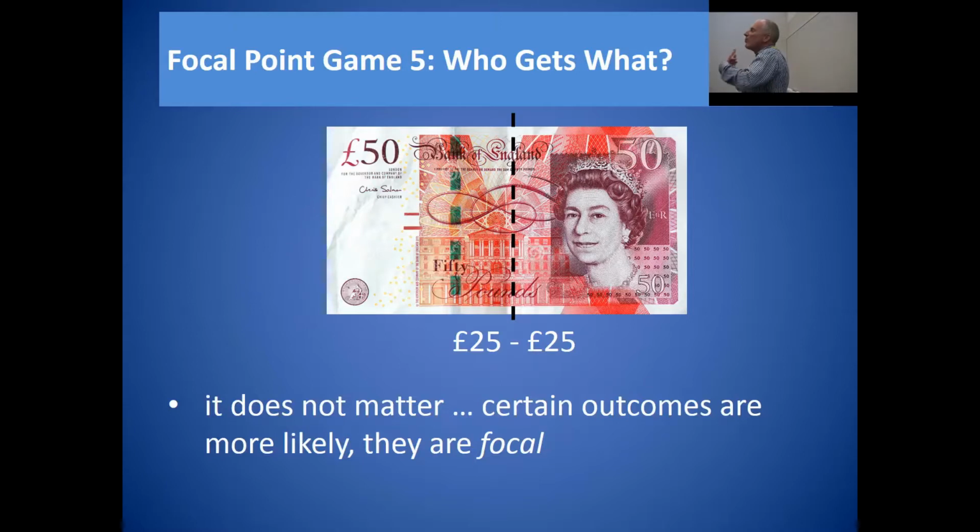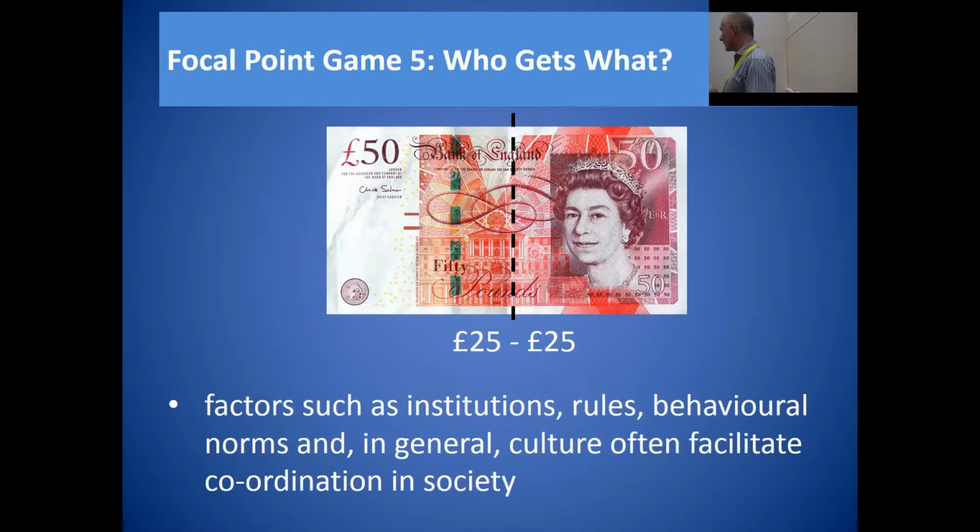So it probably is more to do with society and expectations rather than what we're like as individuals. But that makes absolutely no difference whatsoever. We're not concerned about what makes certain outcomes more likely. What we're interested in is that for whatever reason, certain outcomes are more likely.